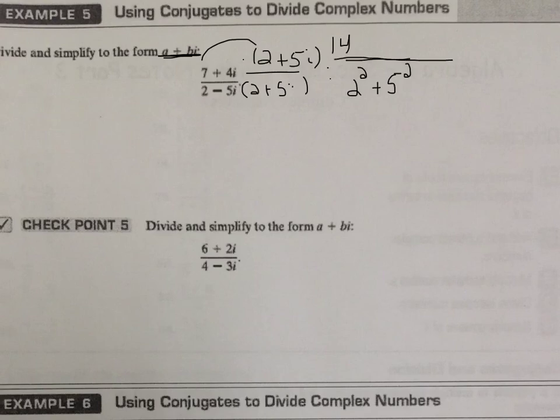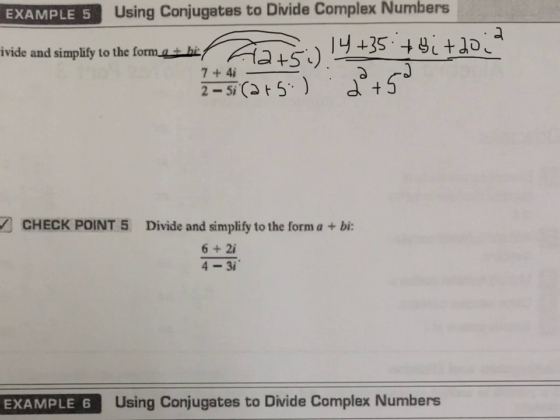And then we're going to take 7 times 5i, that's plus 35i. And we've got to take 4i times 2, that's plus 8i. And we're going to take 4i times 5i, that's going to give us plus 20i squared.